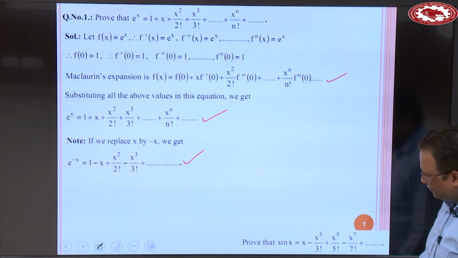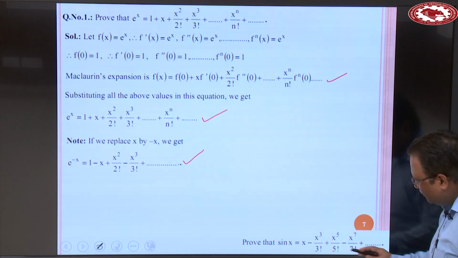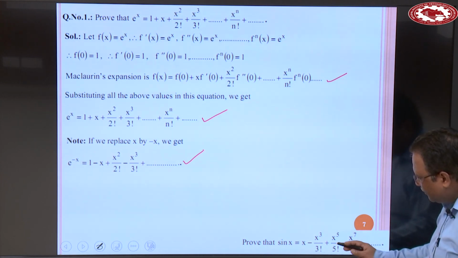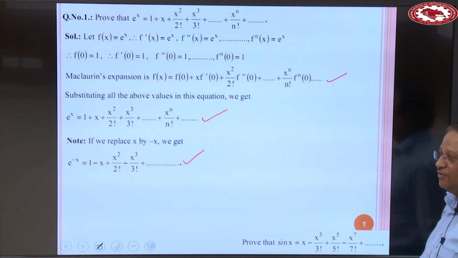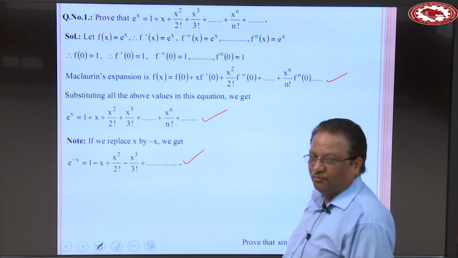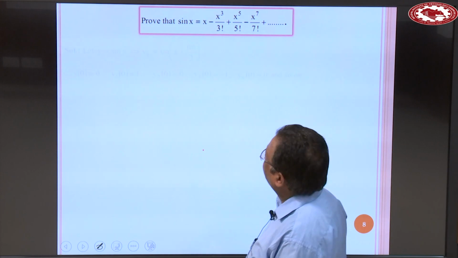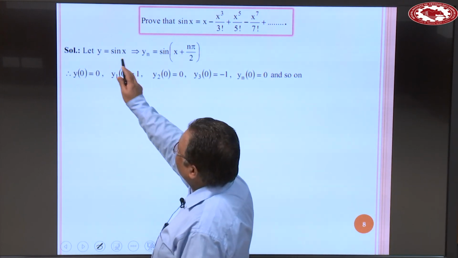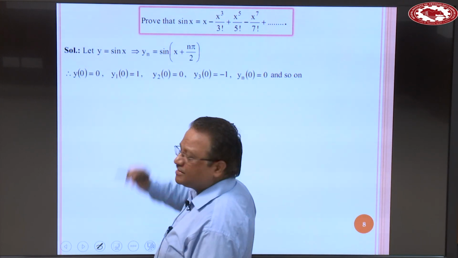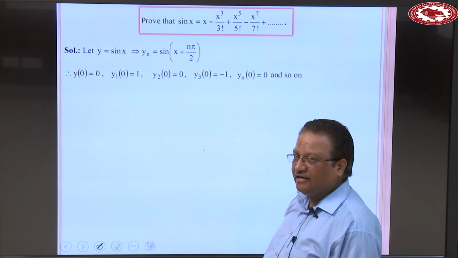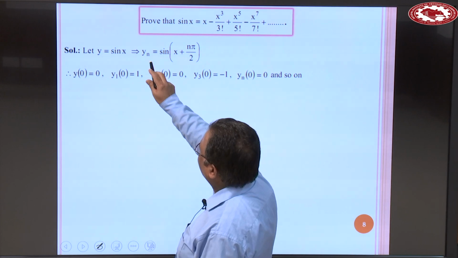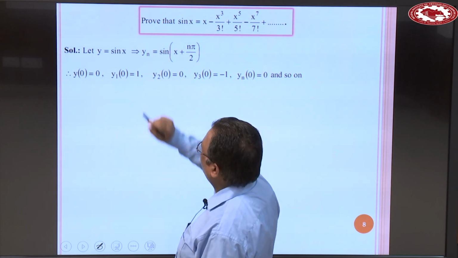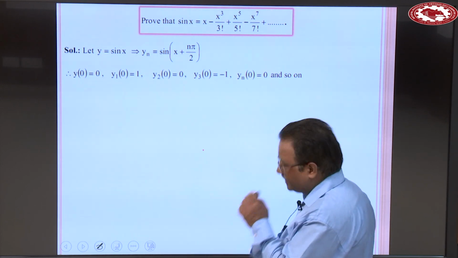Now one more question. Prove that sin x is equal to x minus x cube over 3 factorial plus x5 over 5 factorial minus x7 over 7 factorial plus and so on. So prove this expansion. So here y is equal to f(x). Y means f(x) is equal to sin x. And nth derivative yn means f^n(x).